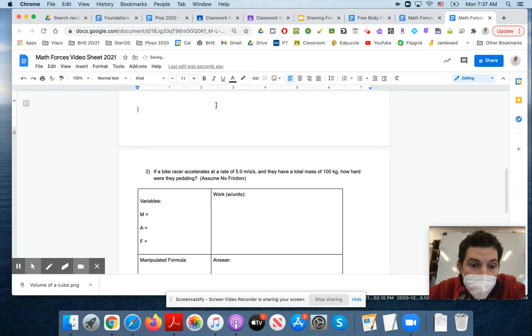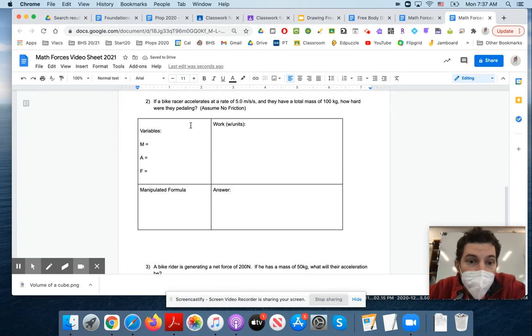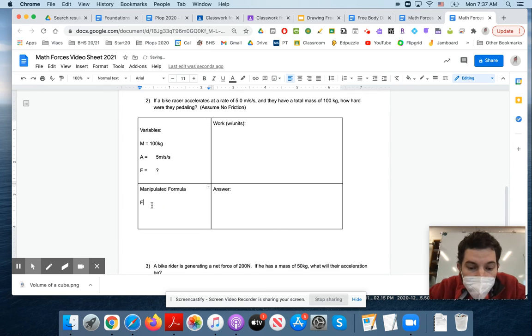Let's get this on its own page here. Second problem, a bike racer accelerates at a rate of 5 meters per second per second, and they have a total mass of 100 kilograms. This time we have to find the force. This one's easy. F equals ma.